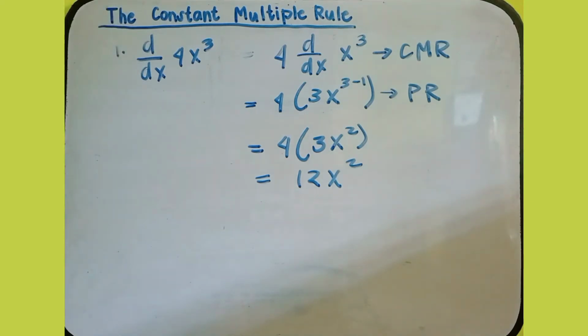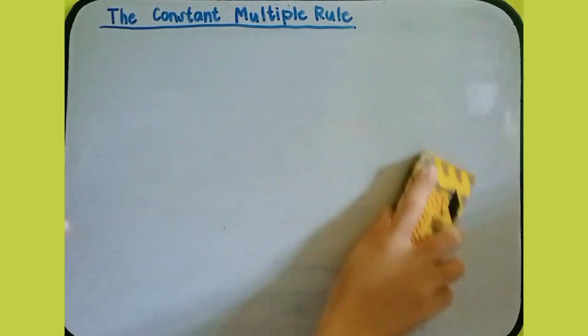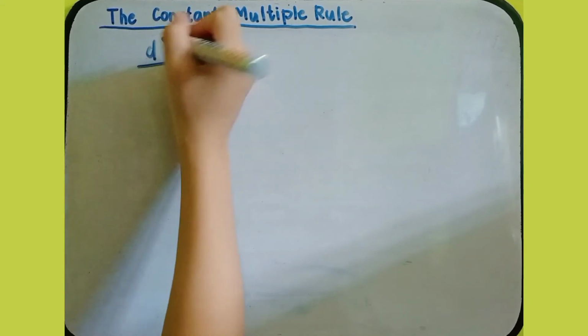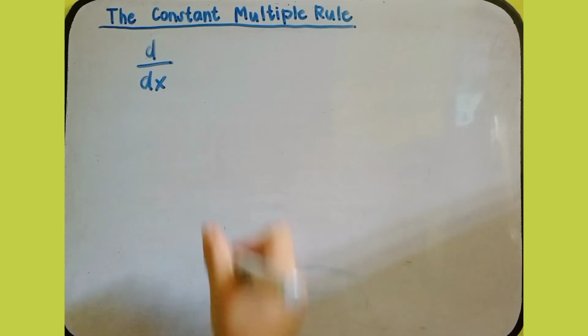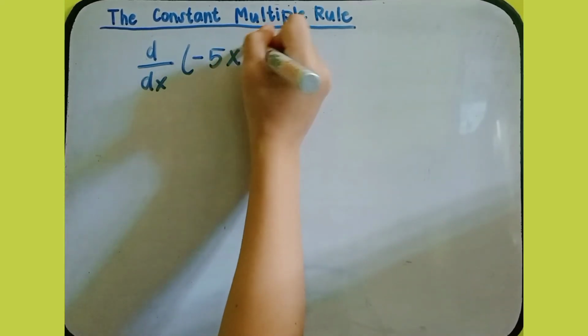So our next example is d over dx of negative 5x to the fourth power.